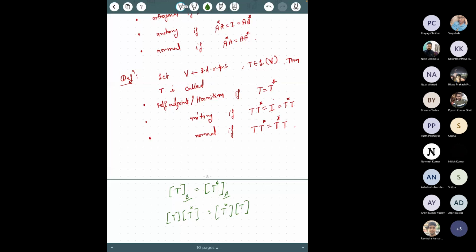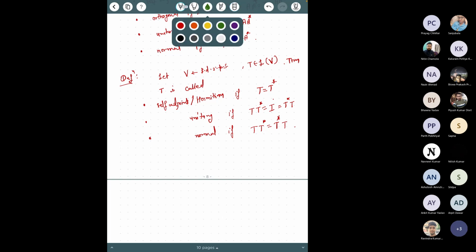And the answer is yes, you can do that. One can prove that the matrix representations of this kind of operators also satisfy a similar kind of relation. So let me write this result here.